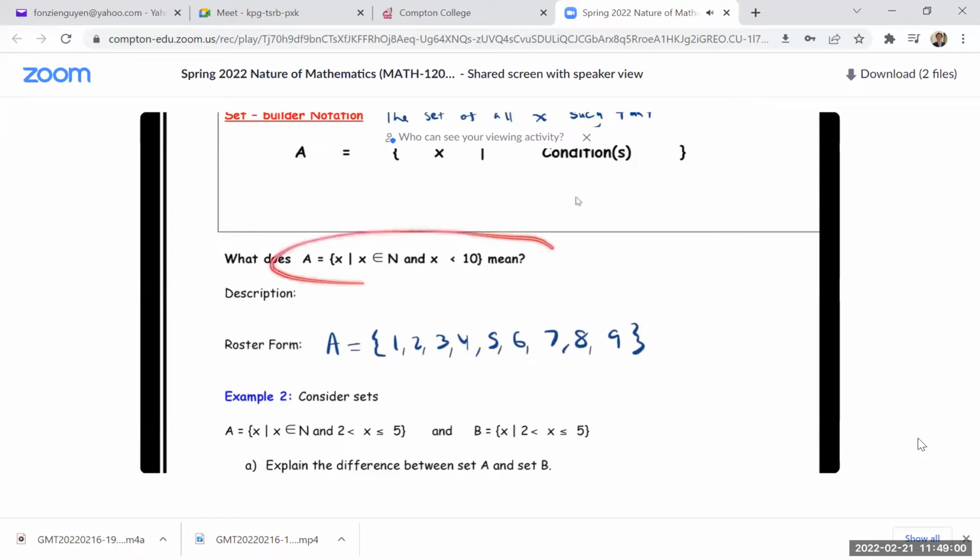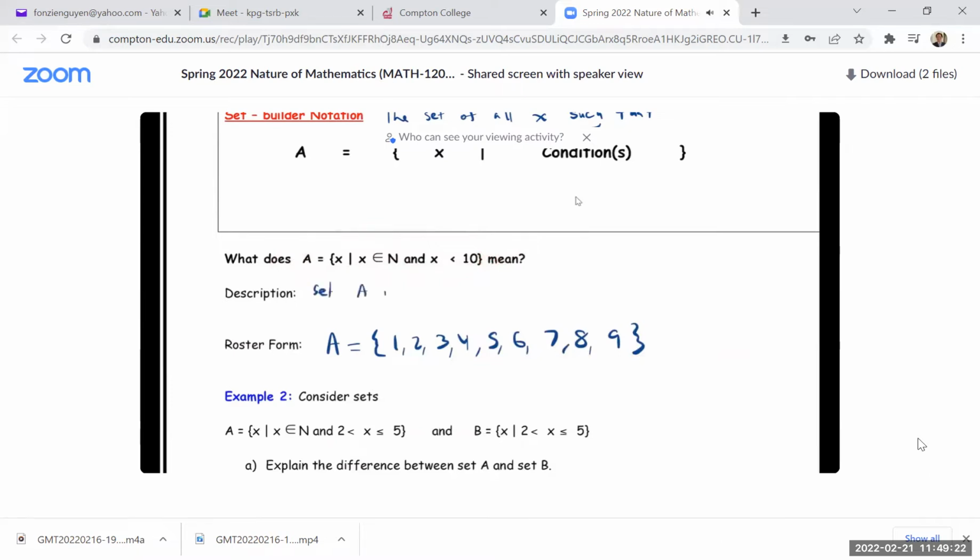The reason they came up with this is because it's a little bit shorter to write. Imagine if it says all the numbers less than 100. Nobody wants to write all the numbers to 100, so they would just write it this way, and it's shorter to write.